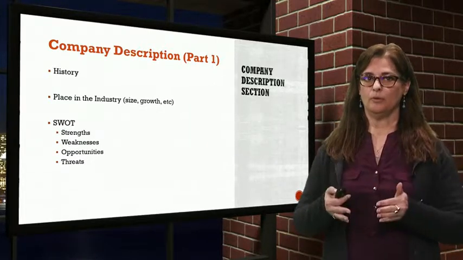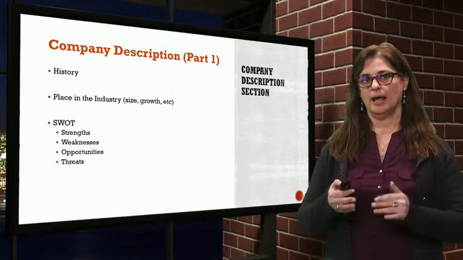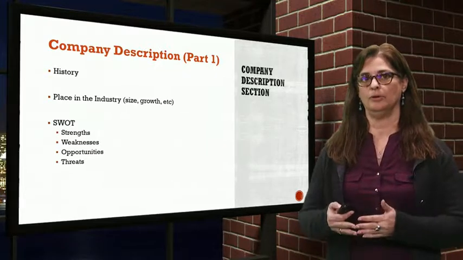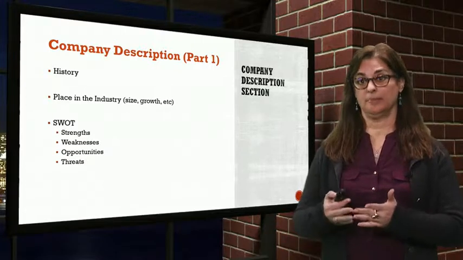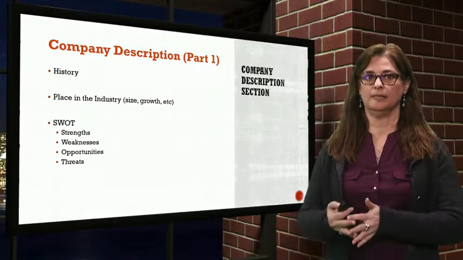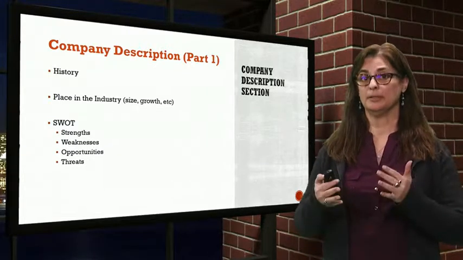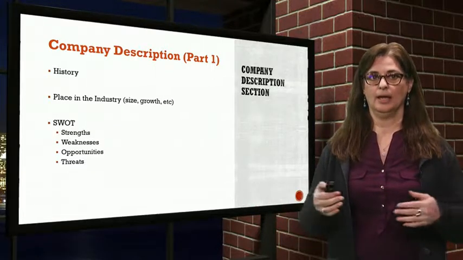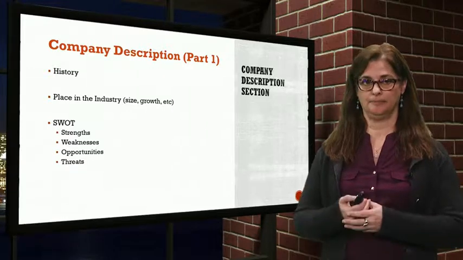Okay, remember, for an opportunity to be listed, that opportunity has to exist in the world whether or not your company exists. Okay, threats, same thing. They're environmental factors that could negatively impact demand or the perception of your product or service, but similar to opportunities, you don't have any control over these factors, and they are going to happen whether or not your company exists.